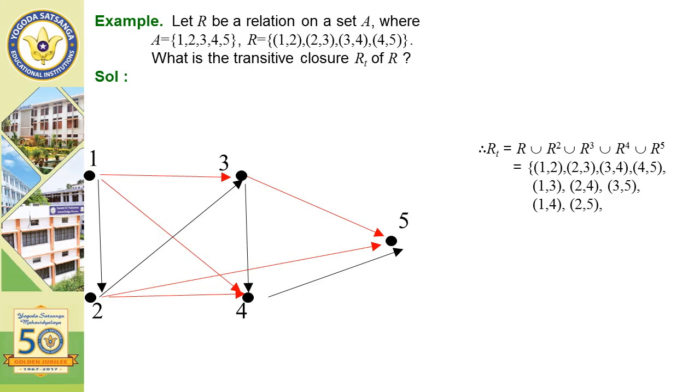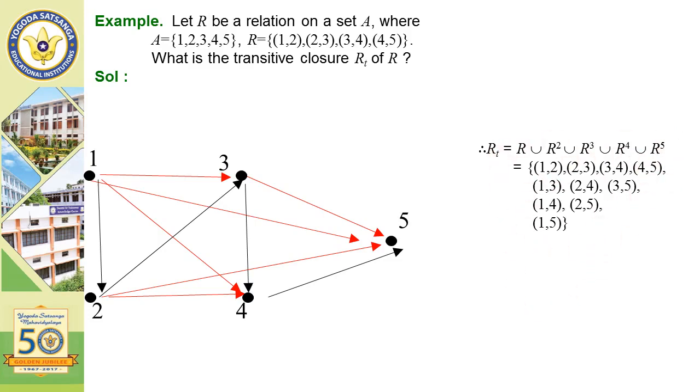Similarly we have to find R4. R4 has only one element, that is (1,5). On subsequent finding of higher order relations, that is R5, it does not change, it remains the same.